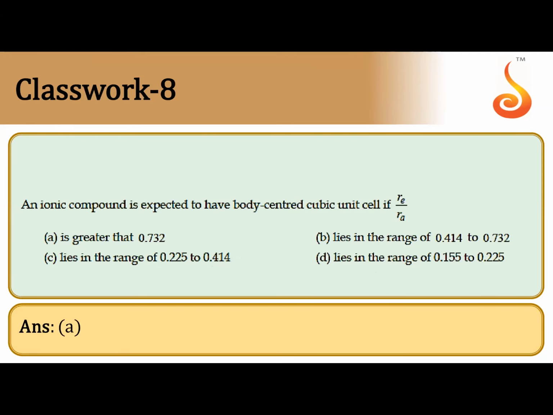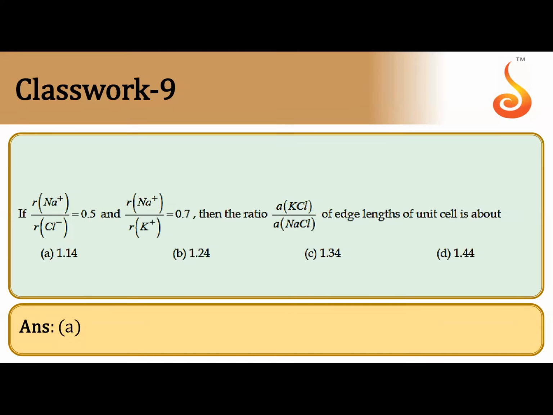Question number 9. Given that r Na+ by r Cl- is equal to 0.5, and r Na+ by r K+ is 0.7. Therefore, the ratio of edge length of KCl by edge length of NaCl. For this question, first, given that r Na+ by r Cl- is 0.5, therefore r Na+ by r Cl- plus 1 is equal to 0.5 plus 1, that's equal to 1.5.